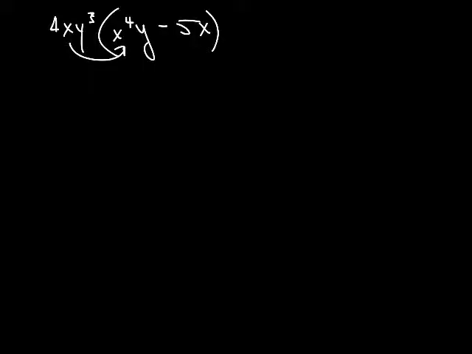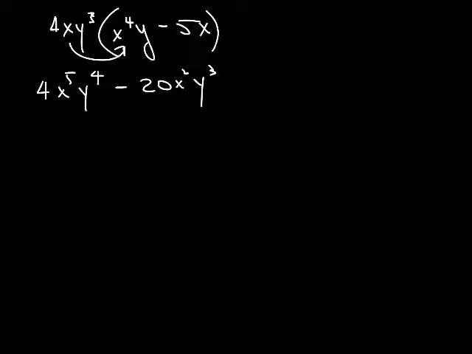There's no number to multiply the 4 by, so it stays. My x's, I have an x to the first times x to the fourth, I add those. I have a y cubed times a y to the first, so I add those. 3 plus 1 is 4. Minus 4 times 5 is 20, so I can multiply the 4 times something. The x's I multiply, and the y has nothing to multiply, so it stays.